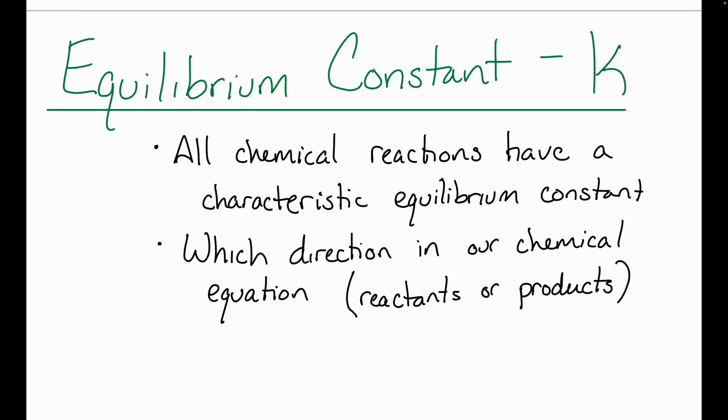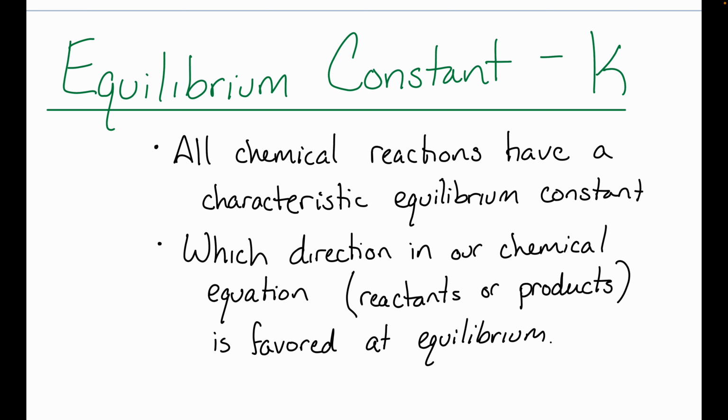Which side is favored at equilibrium? Again, for every chemical reaction that we want to study, we can go to some book somewhere and look up its equilibrium constant, and that will tell us for that particular reaction which side of our chemical equation, reactants or products, is going to be favored at equilibrium.